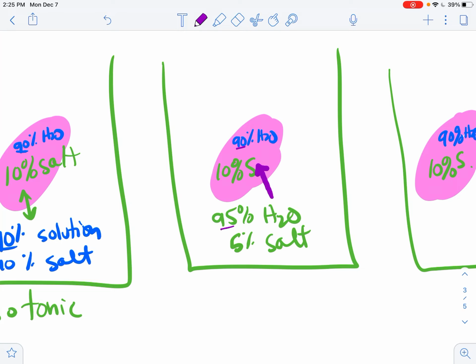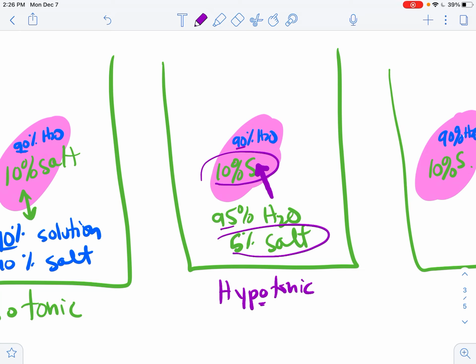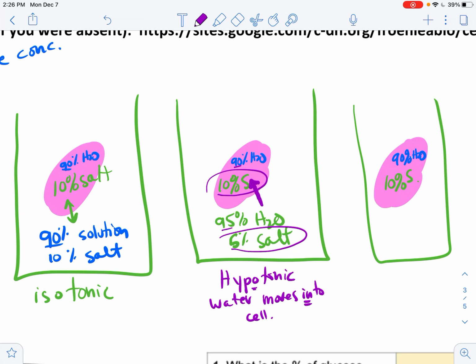But now, when we label this one, we have to look at the salt concentration in order to label this. The solution is lower than the cell. So this one is hypotonic. So water moves into the cell. Remember, we're looking at the salt concentration.